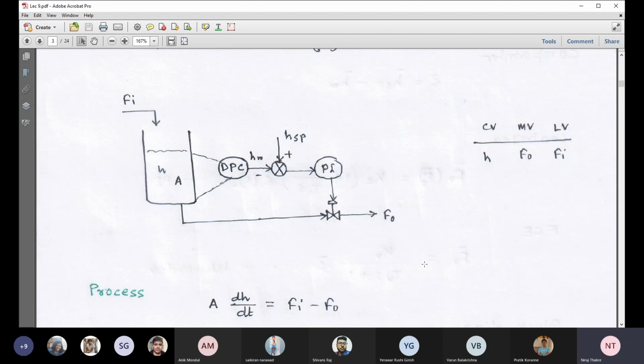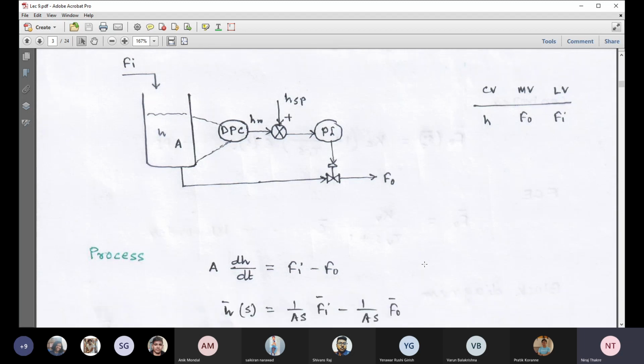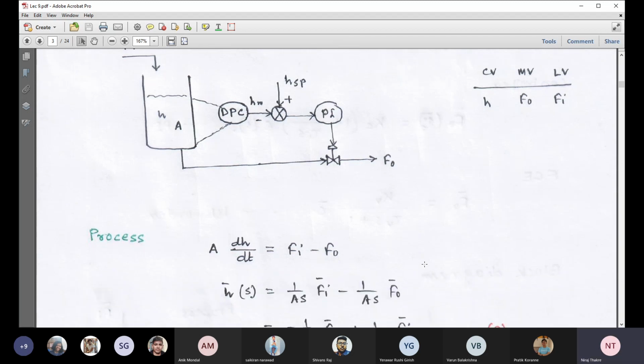This modeling equation we have developed before, and the transfer function, you know, is in the Laplace domain. That's why we need to take the Laplace transform on both sides of this model. Transfer function is basically developed in the Laplace domain. Accordingly, we are taking the Laplace transform on both sides of the process model.